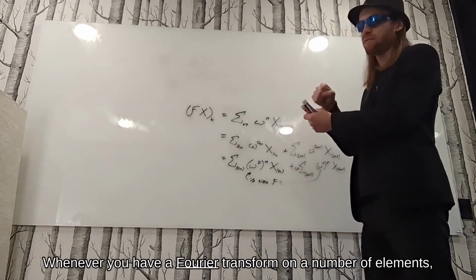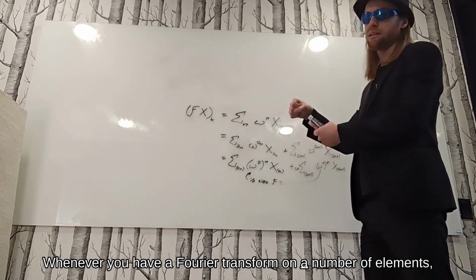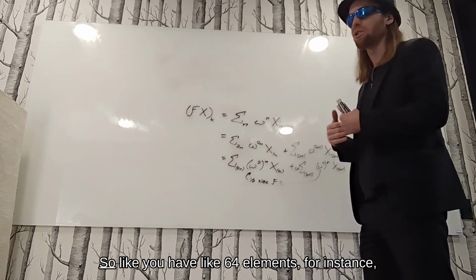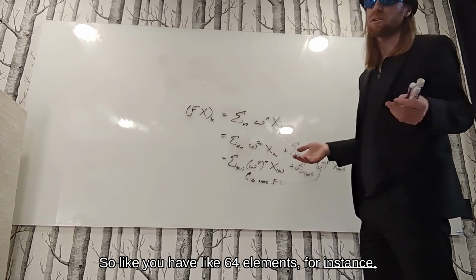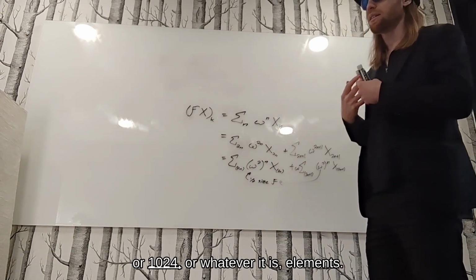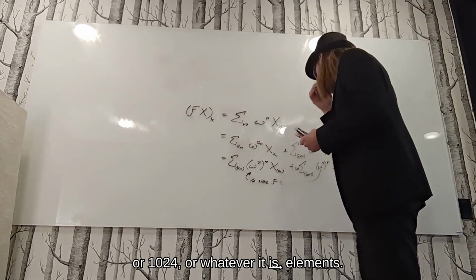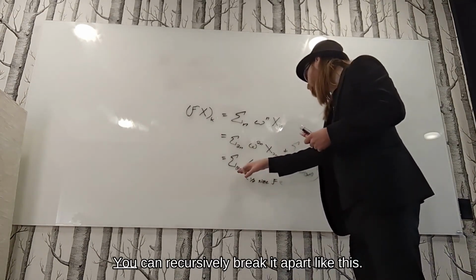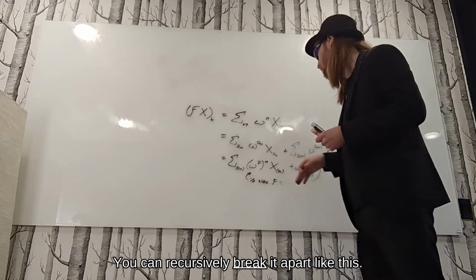Whenever you have a Fourier transform on a number of elements that's a power of 2, like 64 elements, for instance, or 1024, or whatever it is, you can recursively break it apart like this.